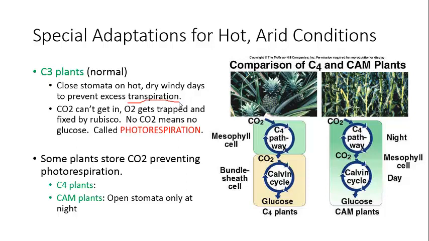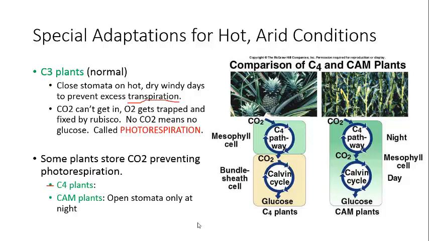Well, there are 2 types of plants that have special adaptations that prevent photorespiration from taking place. They're C4 plants and they're CAM plants. C4 plants typically live in the Midwest. Here you see an example of a C4 plant.